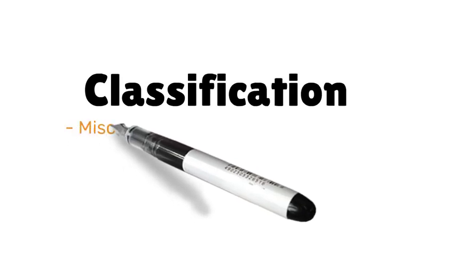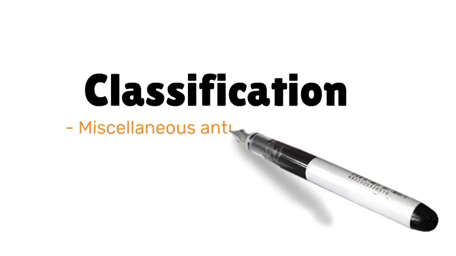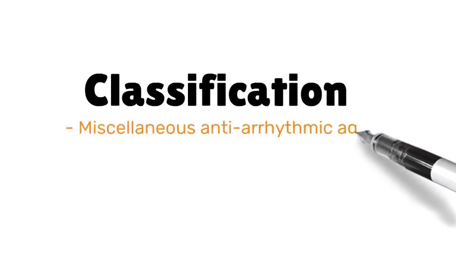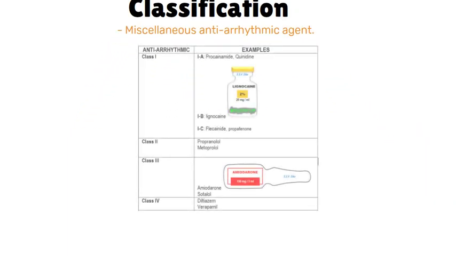Let us look at the classification of adenosine. Adenosine is classified as a miscellaneous antiarrhythmic drug. Remember, there are 4 drug classes of antiarrhythmic drugs: class 1, class 2, class 3, and class 4.